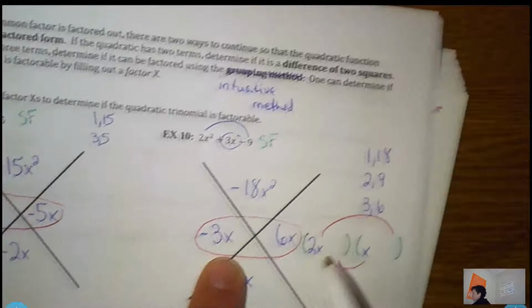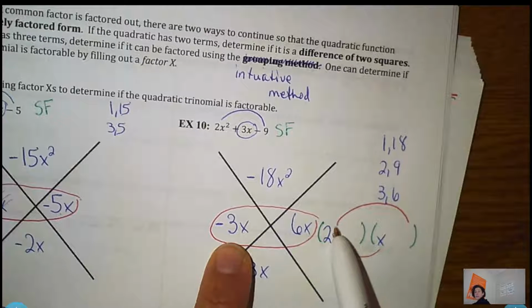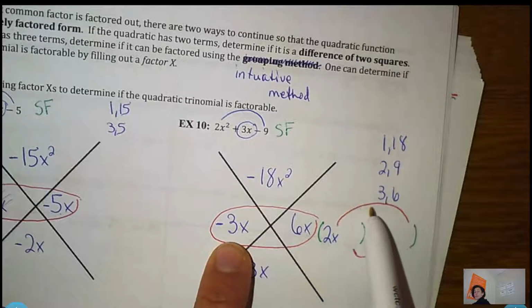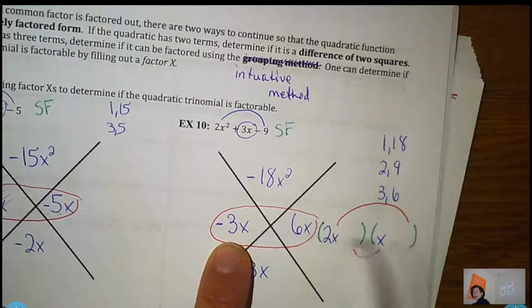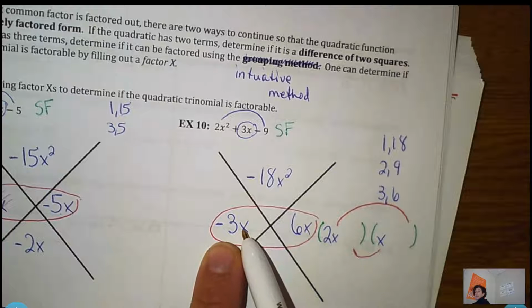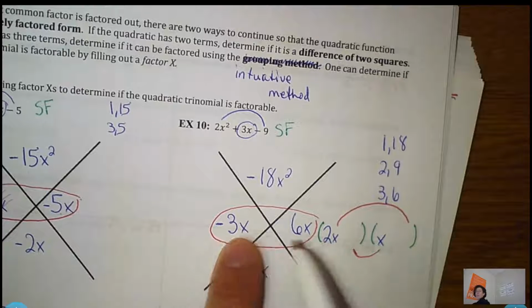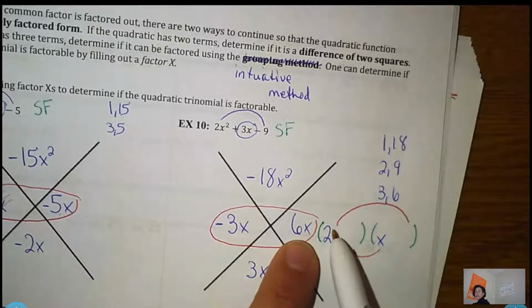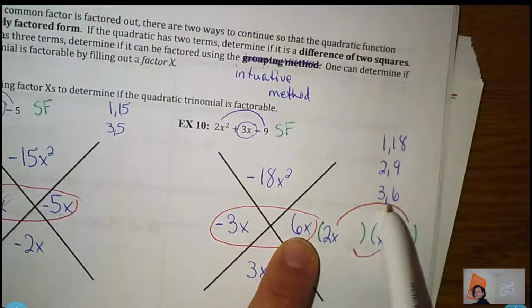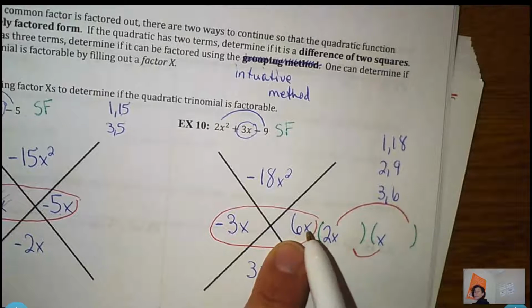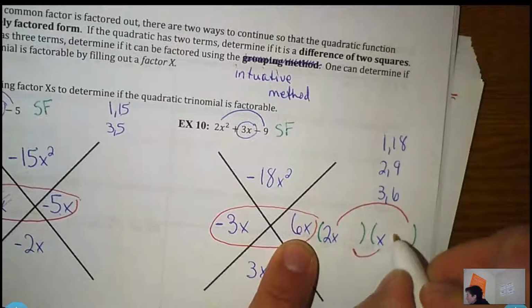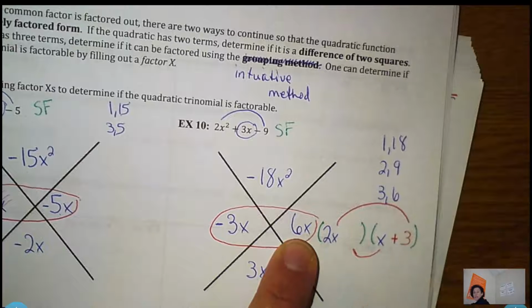Let's start with this one. Now we're going to check this. Is it possible that 2x can distribute, meet, multiply to make negative 3x? Not unless it's a fraction, so we won't try that one. Let's try this one. Can I take 2x times something, multiply, distribute, to get to 6x? That would be positive 3.